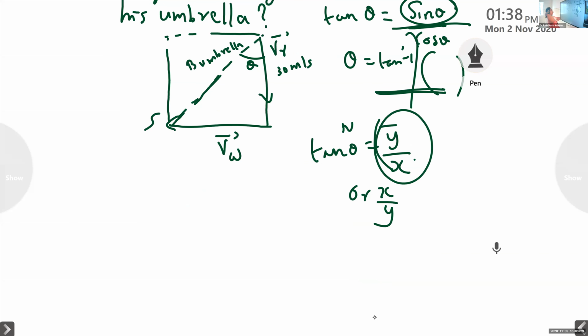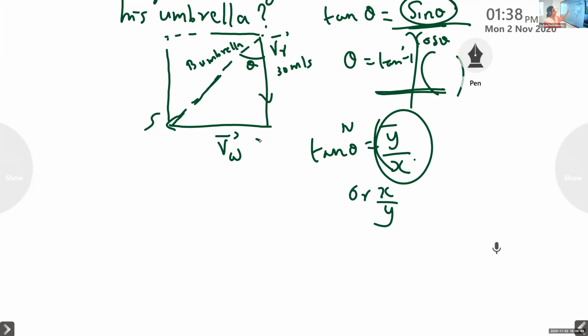If you draw it, this is theta, at which the umbrella is held at an angle. So wind is blowing, so the boy should hold the umbrella this way.